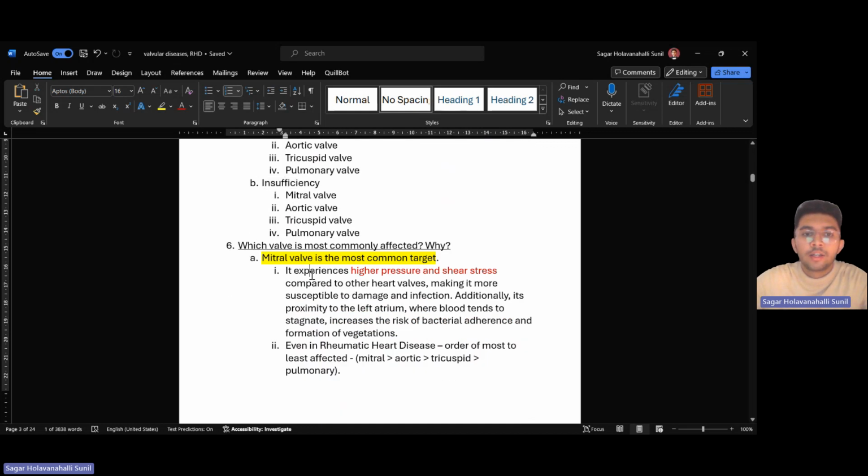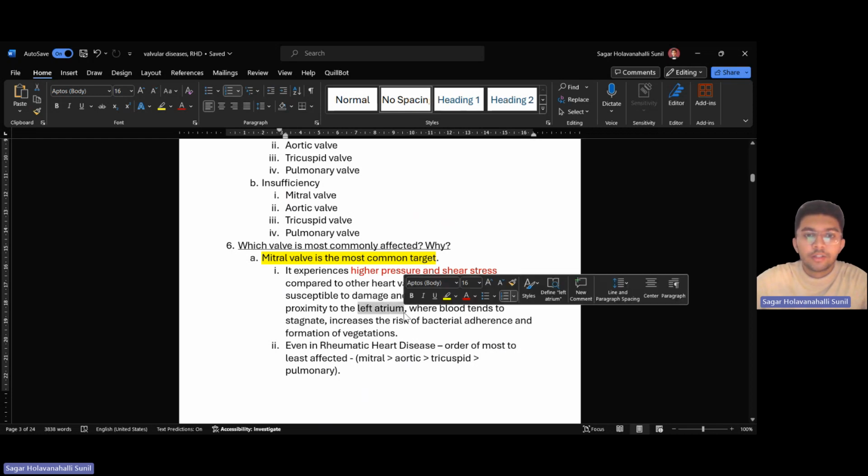Now, which valve is the most commonly targeted? Obviously, the valve that faces the highest amount of stress. So in the case of the mitral valve, you have the left atrium, where the blood can tend to stagnate, and you have the left ventricle, which squeezes the blood into the aorta with so much pressure. Also, when there is an increased heart rate, the mitral valve has to keep opening and closing more frequently.